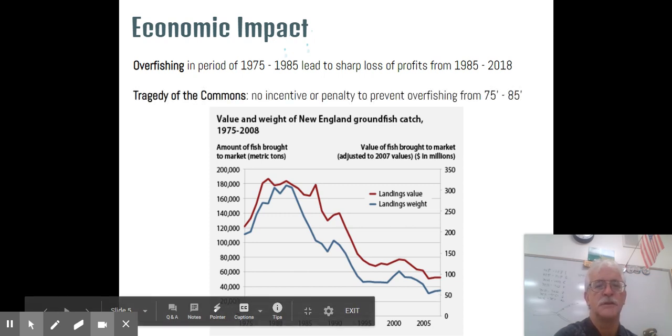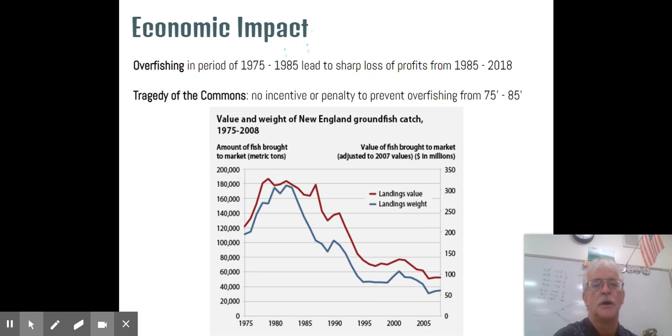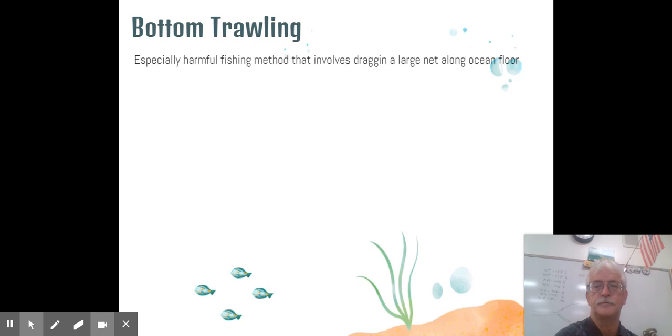Because of the tragedy of the commons, which we've already talked about. Multiple fishermen went out and didn't talk to each other. There's no incentive or penalty to prevent overfishing, so they fished and fished and fished, got rid of all the large ones. Those are the mommies and daddies, and therefore there are no babies, or very few babies.